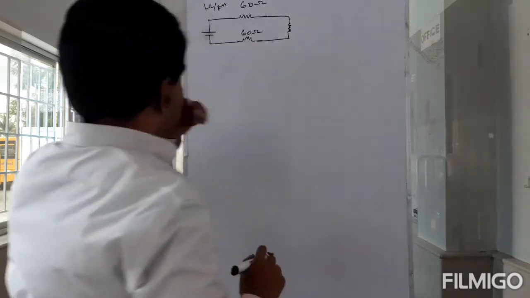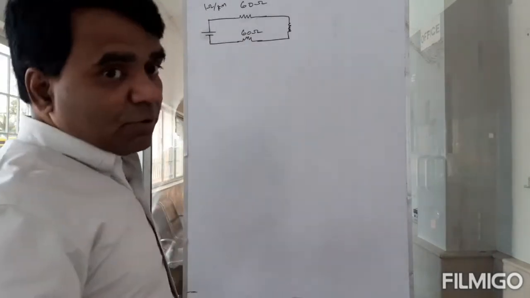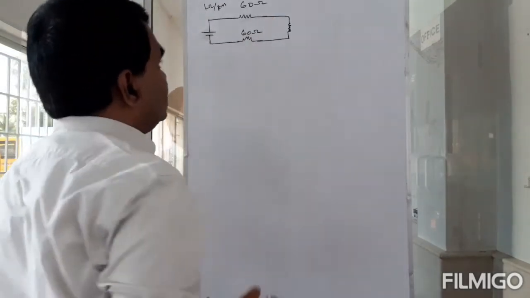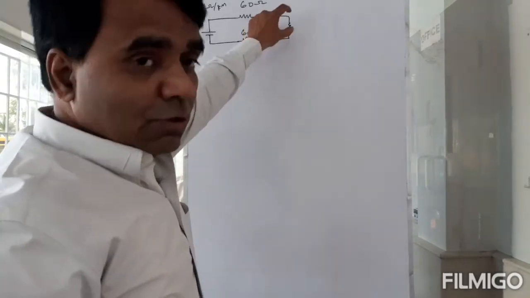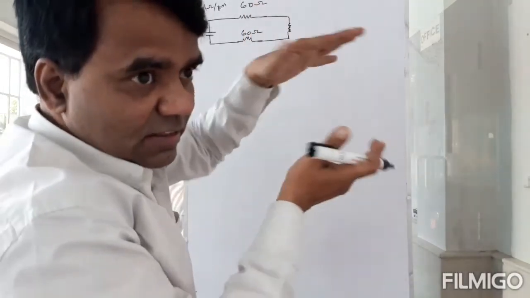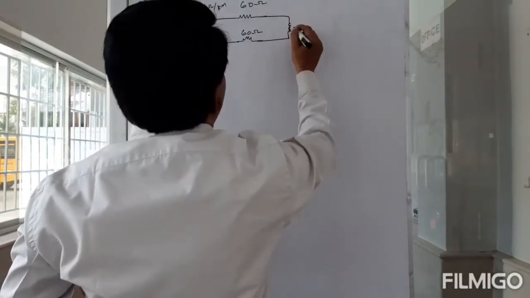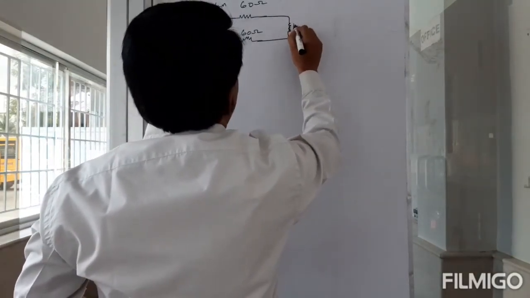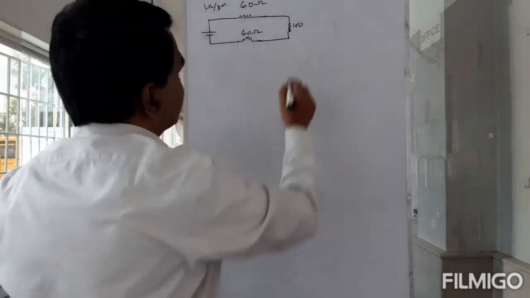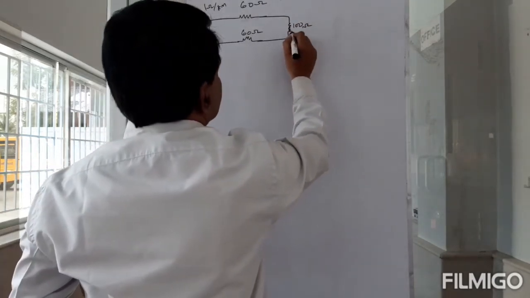Let us suppose that your load, the net resistance at your home, is say 100 ohms. This is your resistance, RL.